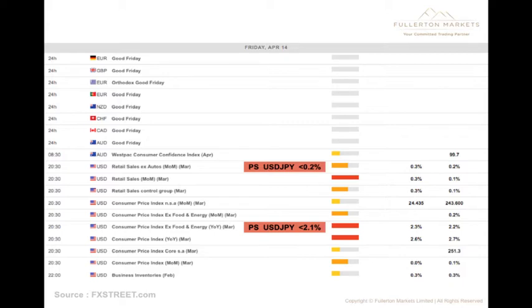So the expectation of core retail sales is 0.3% and the core CPI is 2.3%. So in the event both numbers fall short of expectation, if the core retail sales drop lower than 0.2% and the CPI goes below 2.1%, then that will fulfill the criteria for our pending order, pending short dollar yen. So basically this is the calendar for this week.